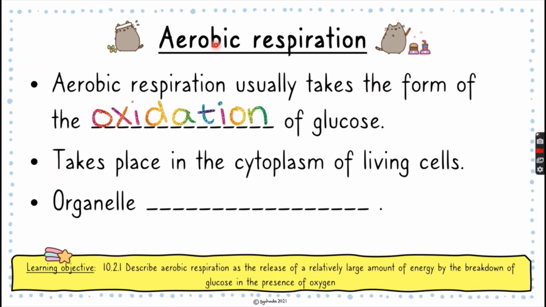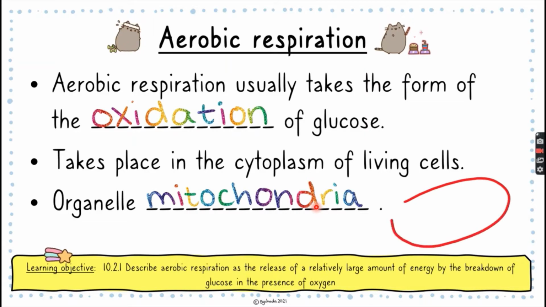Okay, this aerobic respiration takes place in the cytoplasm of living cells. And the organelle that we're talking about specifically is the mitochondria. So aerobic respiration specifically happens mainly in the mitochondria. There are enzymes that can be found in the cytoplasm and basically the membranes of the mitochondria. And if you remember, this is how we draw the mitochondria.